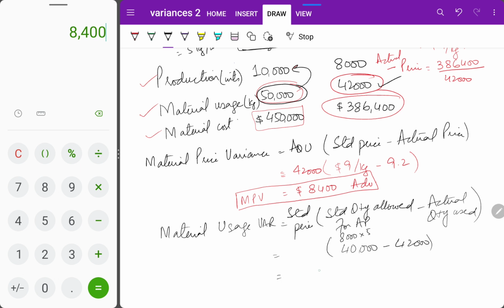We were expecting 40,000 consumption, but the actual consumption was higher, 42,000. That means the variance is adverse. Multiply by the standard price, which we already know is $9 per kilogram. So 9 times 2,000 is 18,000 adverse.